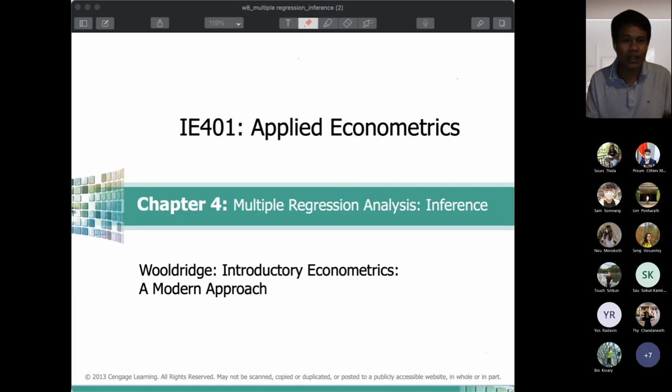We also call it omitted variable bias, because you omit the relevant variable. That is why it is included in the error term. That is why we call it endogeneity, or the zero conditional mean assumption is violated.